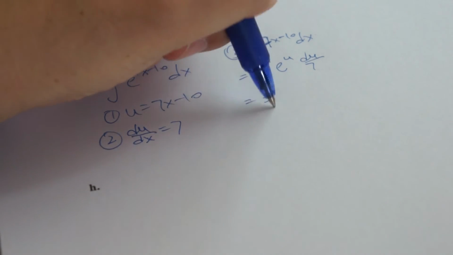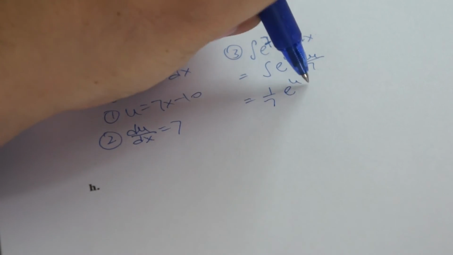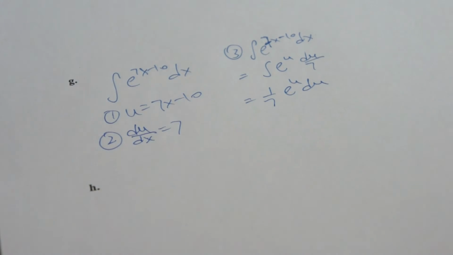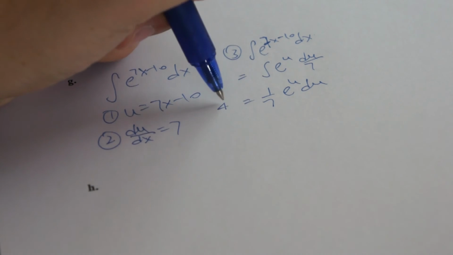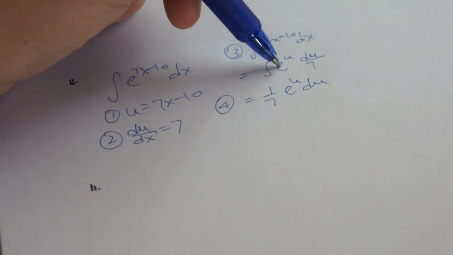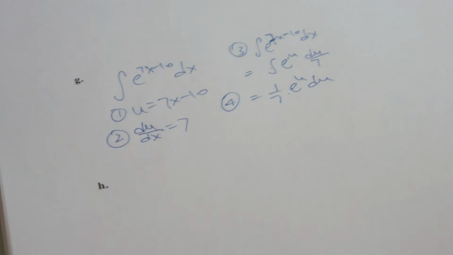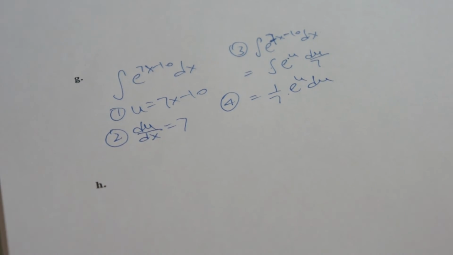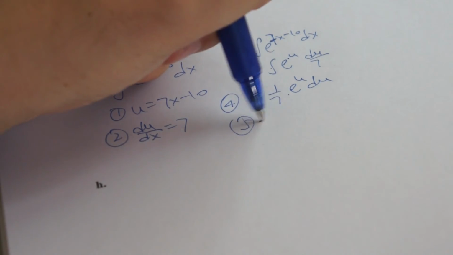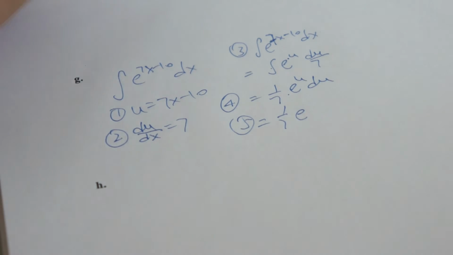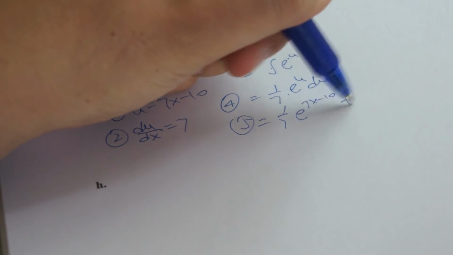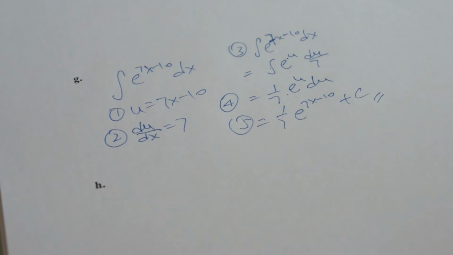So here we have 1 over 7 e to the power of u. Step 4 is already done, because if you integrate e to the power of u, nothing changes. Step 5: 1 over 7 e to the power of 7x minus 10, and finally plus a constant. So that is part G.